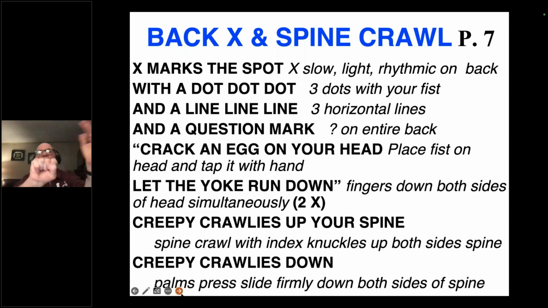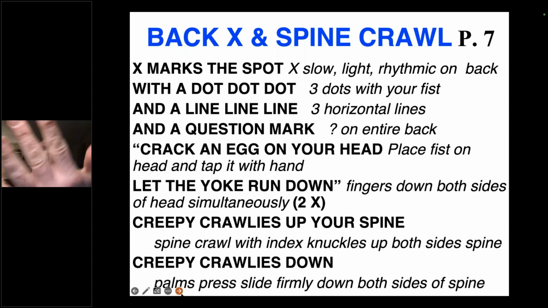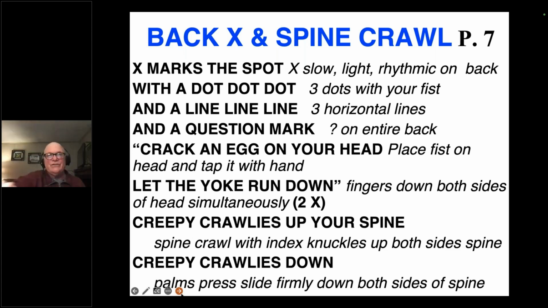So what I want you to do is make a fist. Pretend in front of your fist, where your screen is, is a child's back. So we're doing this on a child's back. We're going to start with an X. It's going to be very light, and it's going to be very slow, and it's providing interoceptive input.